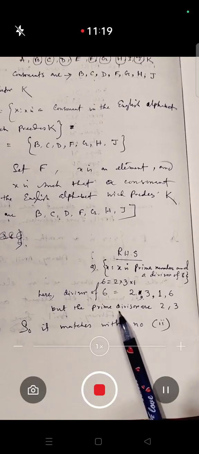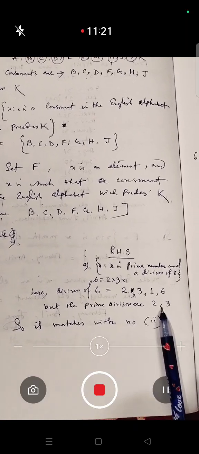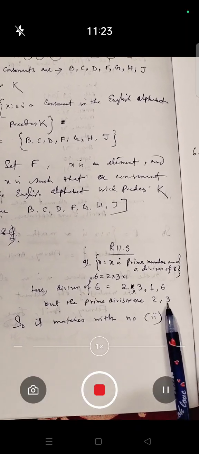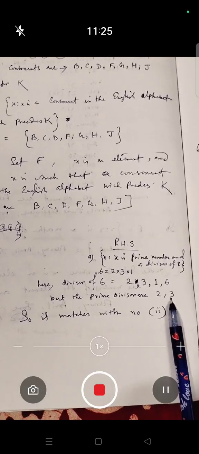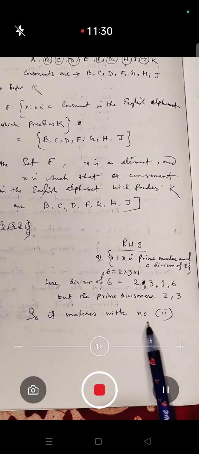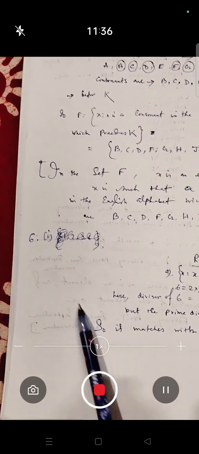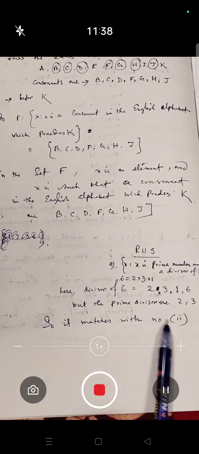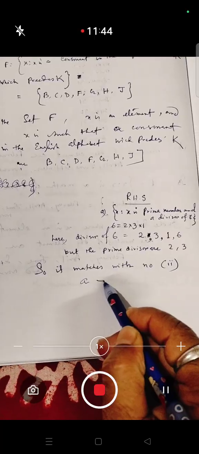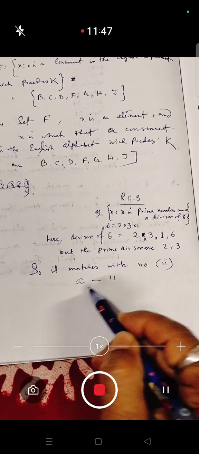But the prime divisors are 2 and 3. You must say that 2 and 3 are prime divisors, isn't it? Yes. So it matches with number 2. Look at the book and match it. So A matches 2. Okay. Now next.